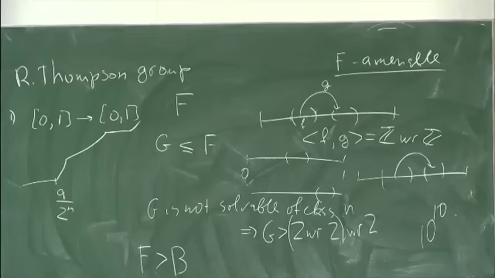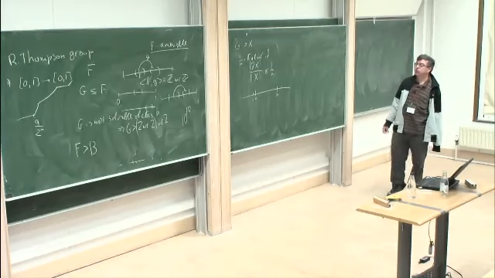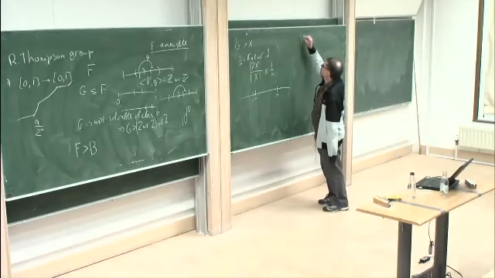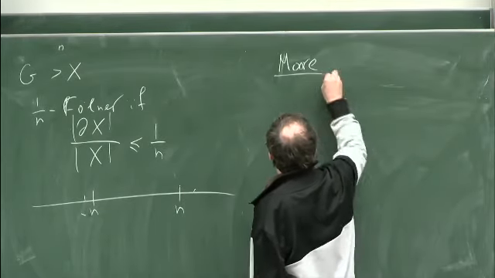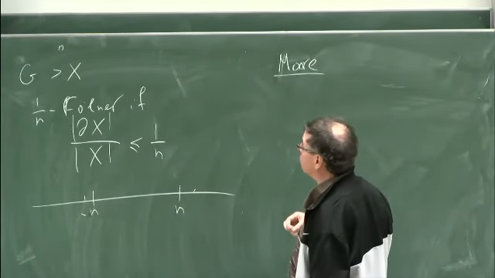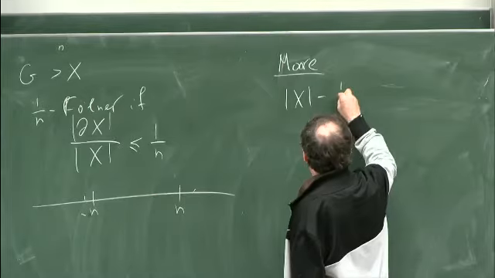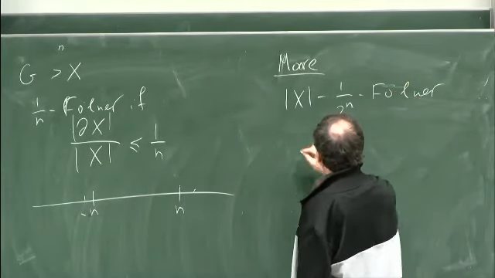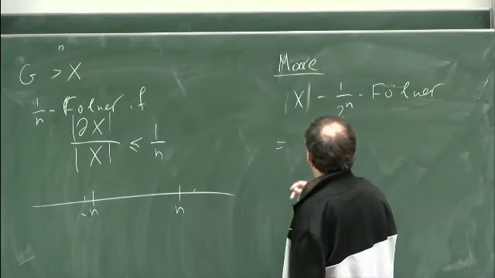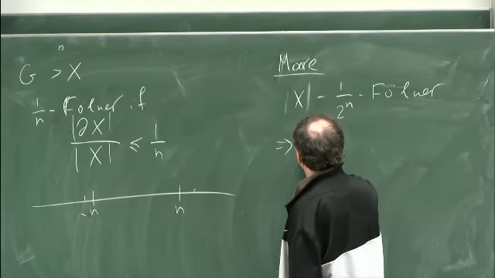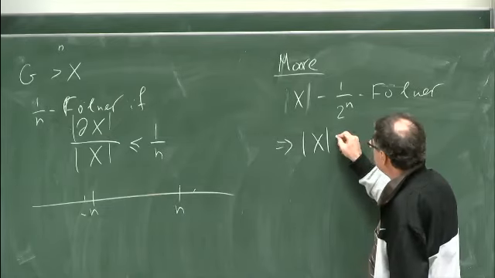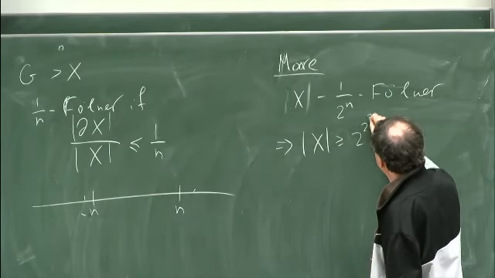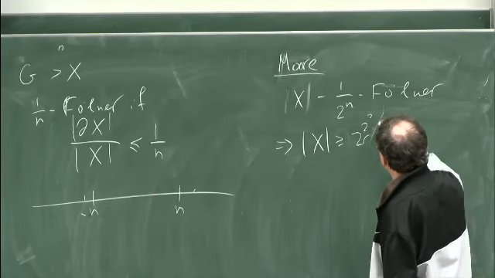The statement which tells why it is complicated is a recent result of Justin Moore, which says that if F is amenable and X is a 1 over n Følner set, then the number of elements in X is at least a tower of 2's of height about log n.